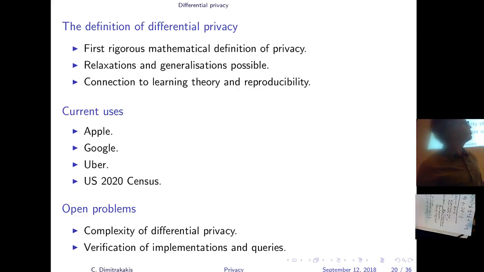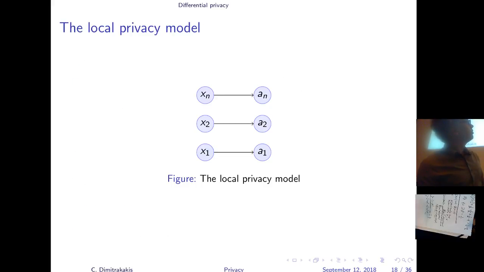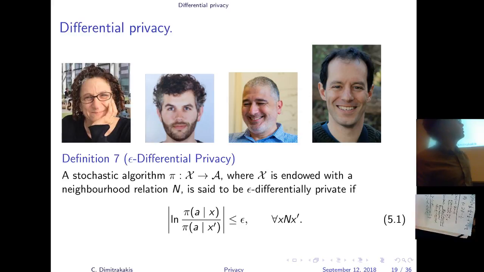What's happening? Ah, I know what happened. There are too many pictures and it slows down. So you have the logarithm of this ratio, you take the exponent, the ratio is smaller than the exponential of epsilon, right? Yeah.